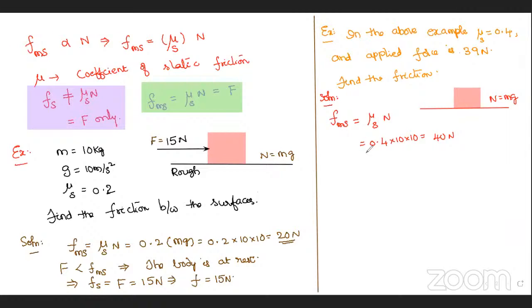You are taking FMS, but first of all, check what is actually the applied force. Applied force is 39. Again, a problem arises. 39 is less than the maximum value of static friction. Then the static friction is not equal to mu s into N. What you calculated here is always equal to the applied force only. That implies it is not 40, it is equal to 39.